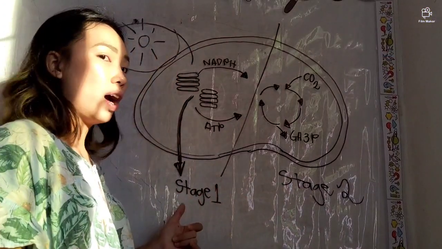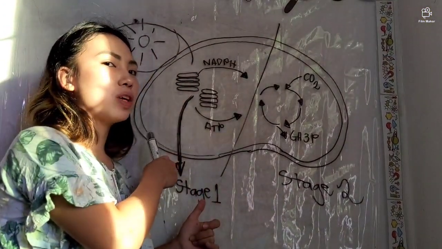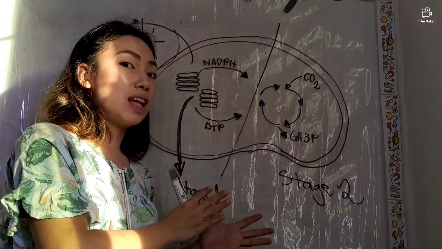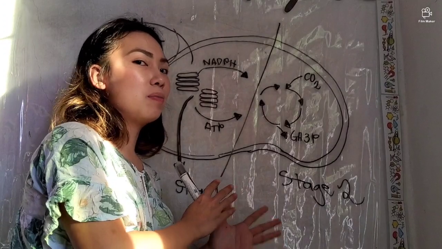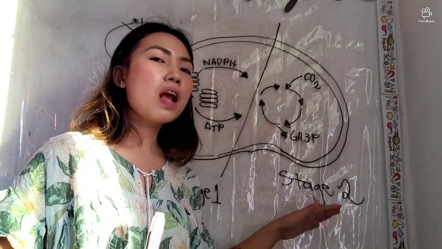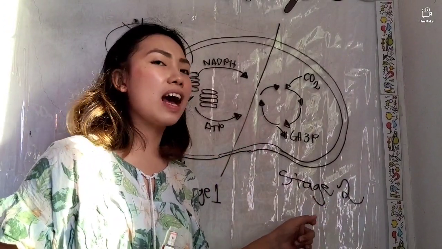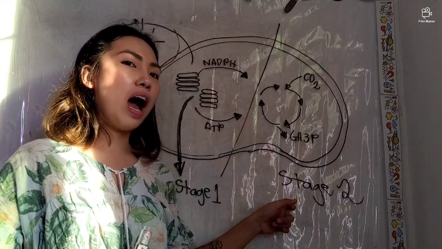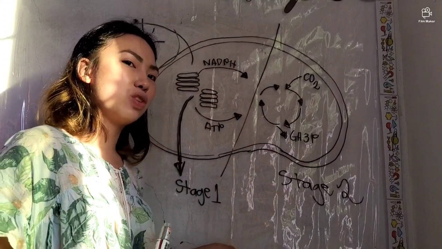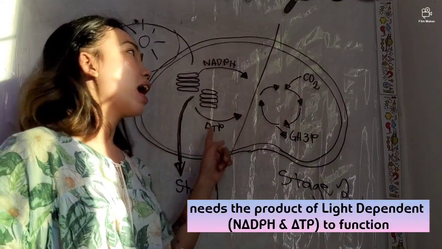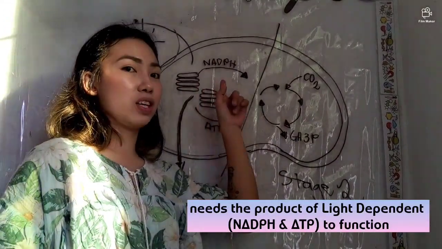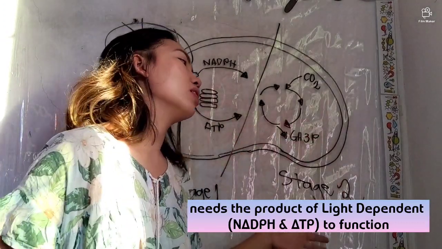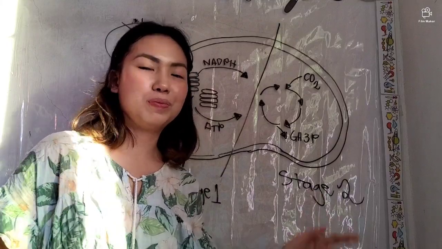Unlike stage 1 na kailangan niya ng sunlight, meaning stage 1 only happens during daytime kapag merong sun. But stage 2, ang ipinagkaiba niya, hindi niya kailangan ng sunlight. Ang kailangan lang ng stage 2 ay yung ipinroduce ng stage 1 na ATP at NADPH. So, gagamitin niya si ATP at si NADPH in the process of stage 2.